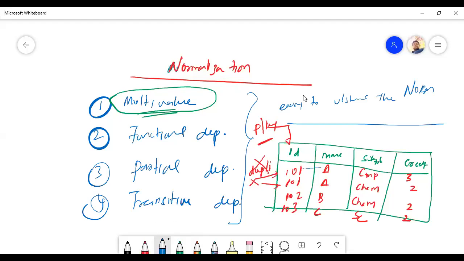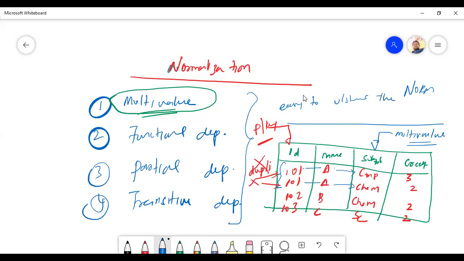101 A, 101. Why is this duplication coming? Now you can see person A is taking computer as well as chemistry. Because of this subject, our primary key is getting duplicated. Normally, this is what we call multi-value.